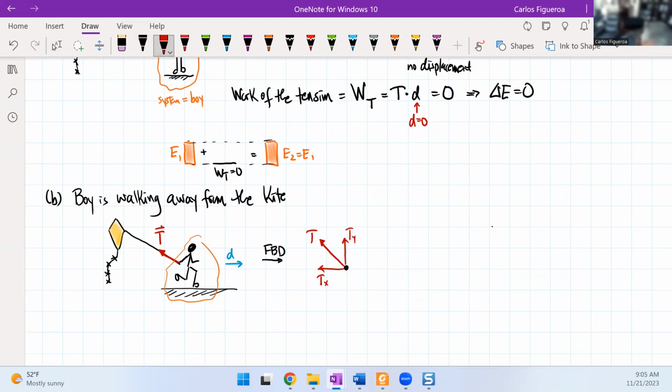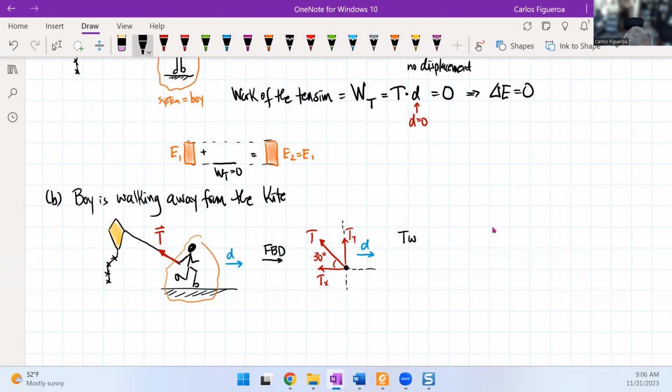And in this situation, we're saying that the angle here is 30 degrees from the horizontal direction. So now, if this is my coordinate system, and my displacement is in this direction here, then you can see that there are two workings that are occurring.